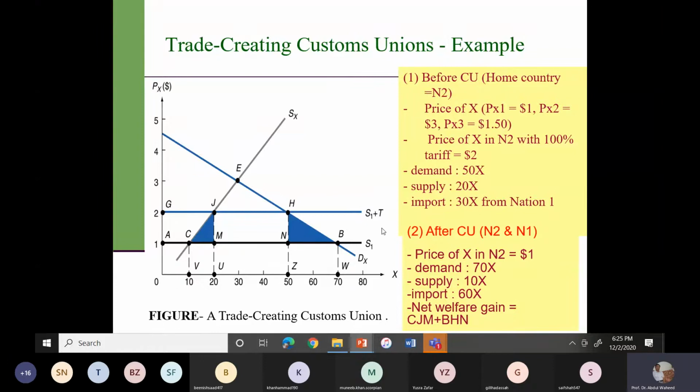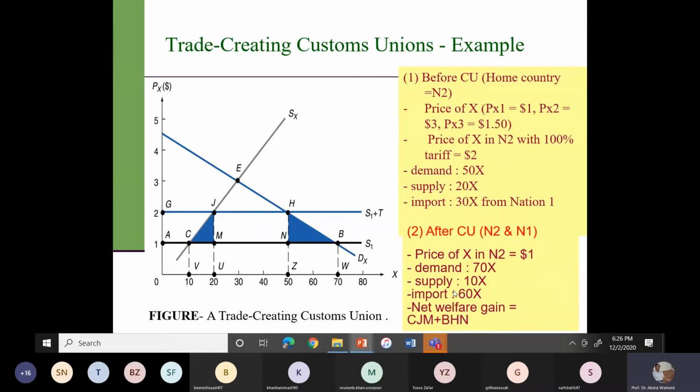Now, what will happen to the welfare of nation 2 after formation of the customs union? You can see that this was the deadweight loss when there was a 100% tariff. But once you form the customs union with this nation, the two triangles CJM and BHN are the net welfare gain for nation 2.